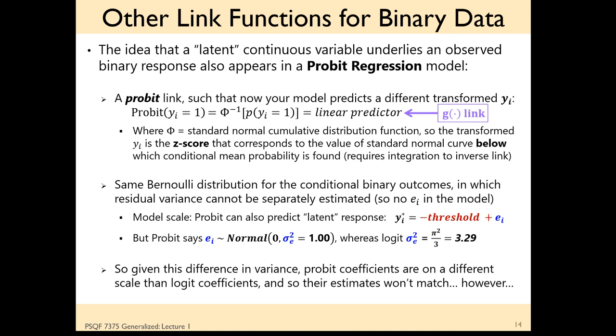It's continuous, it's symmetric, and it goes on forever and ever. So you could predict z, or you could predict Logit, and it does the same thing. It accomplishes the same goal. But the scale of the coefficients is different because probit goes with the idea that the pretend underlying distribution is normal, not logistic. And therefore, its variance should be 1, not 3.29.